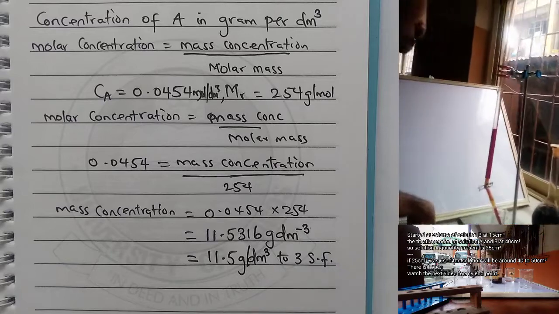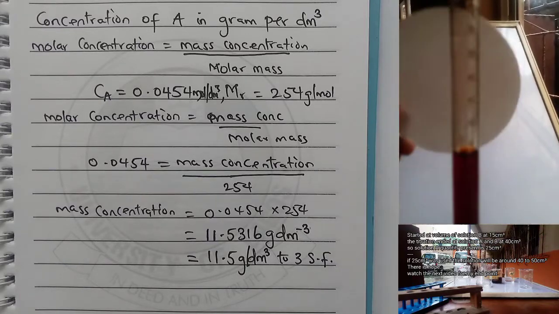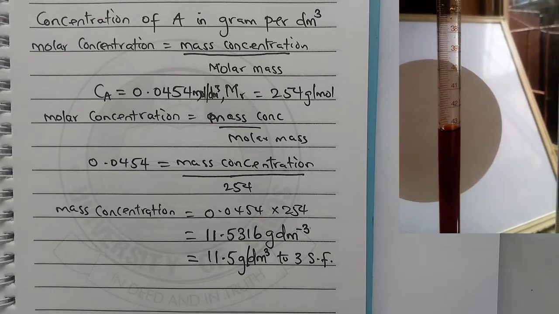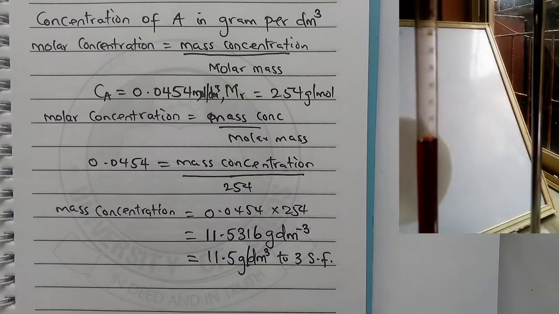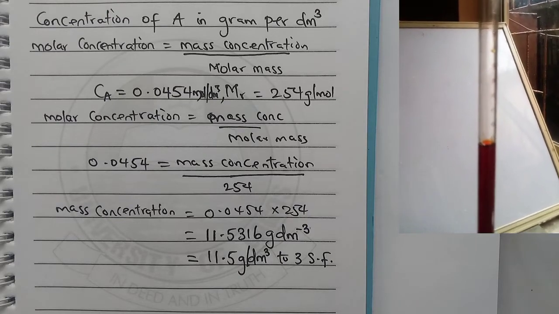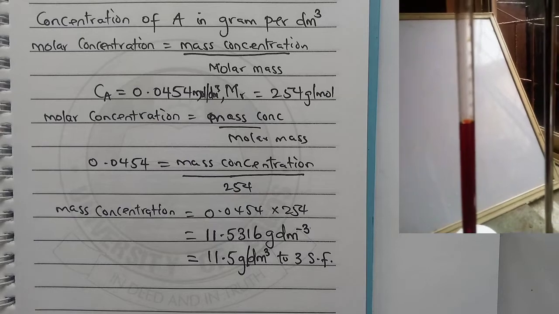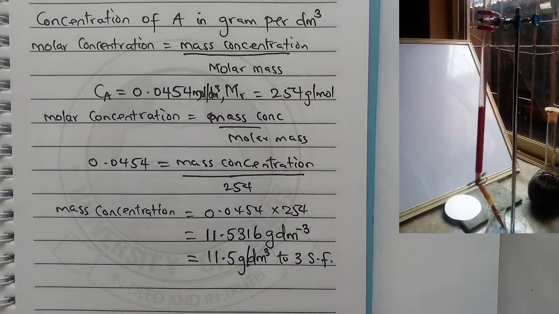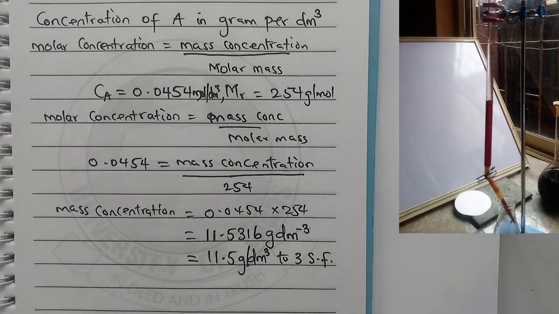The last question was, why are we adding the starch solution towards the ending and not in the beginning? If you add it the first time, there is no effect because there is no iodine present there. And towards the ending of the reaction, there is a little percentage of iodine.